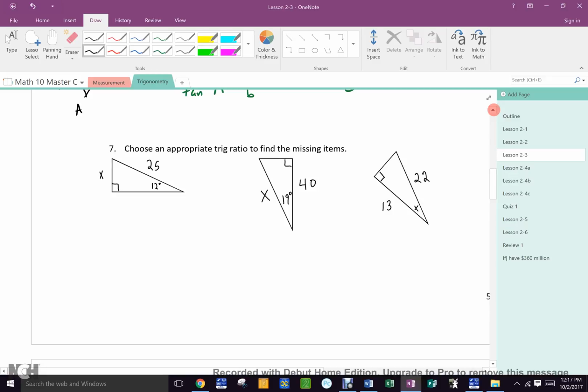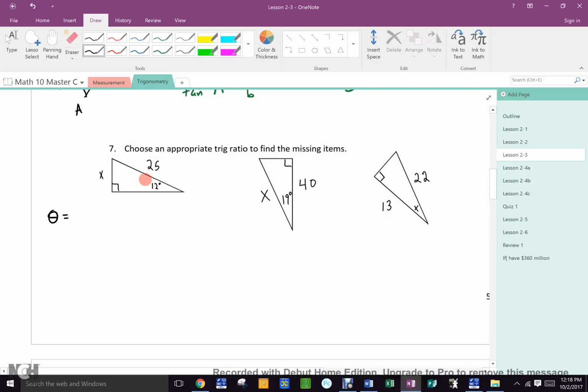So when we were doing tan questions, what did we do? We wrote out theta, opposite, and adjacent, right? But we're not necessarily doing tan questions, are we? So we need to look at our situation, and here is the difficult part. You have to decide on one of three choices.